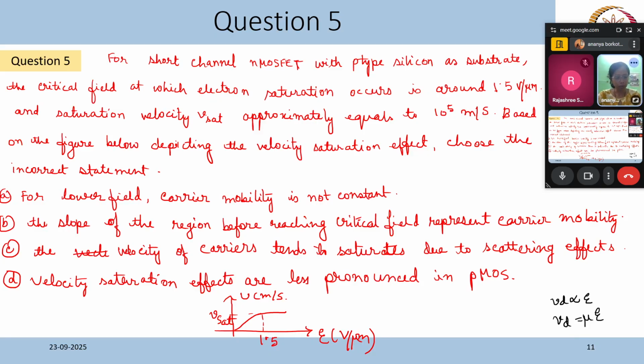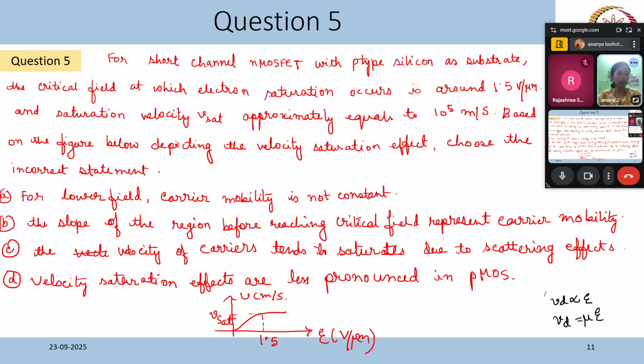Similar thing happens if we are considering a p-type semiconductor. Then the mu is the mobility of holes, right? Now this statement is true for low electric field. What happens when the electric field is very high?